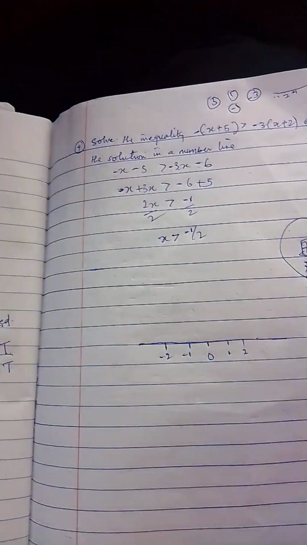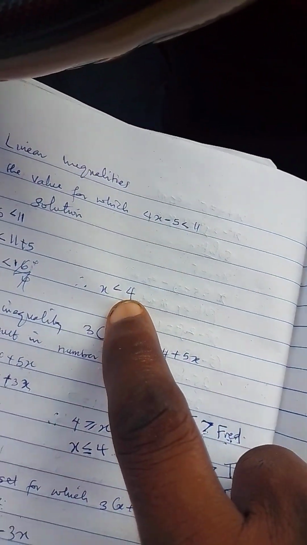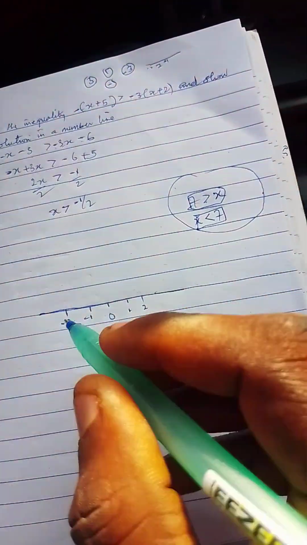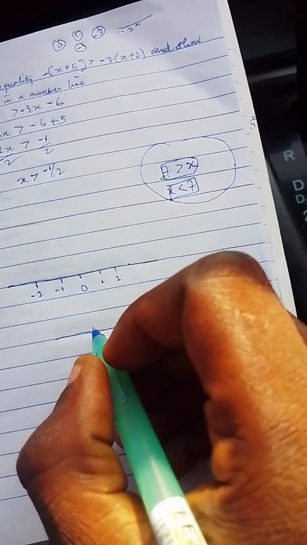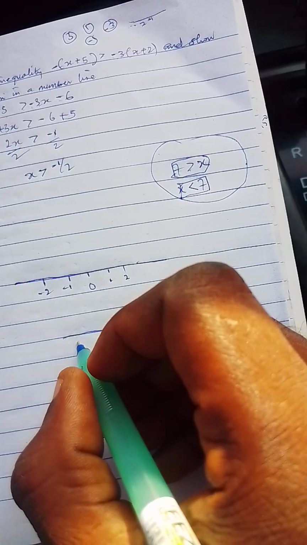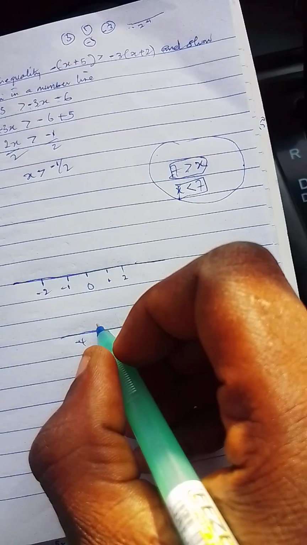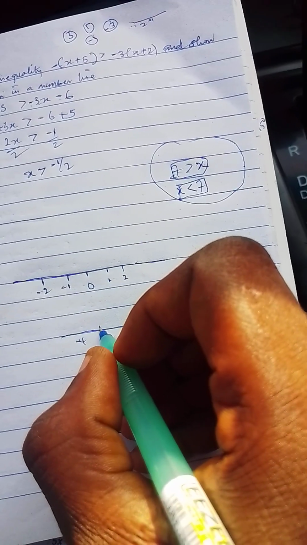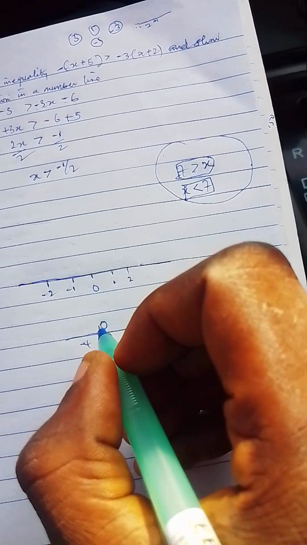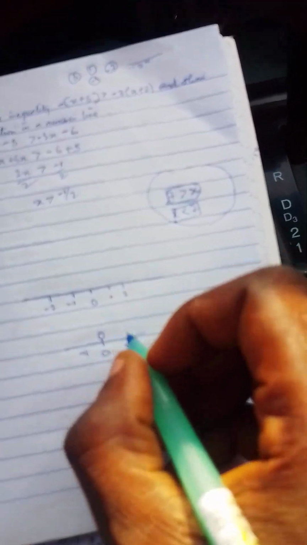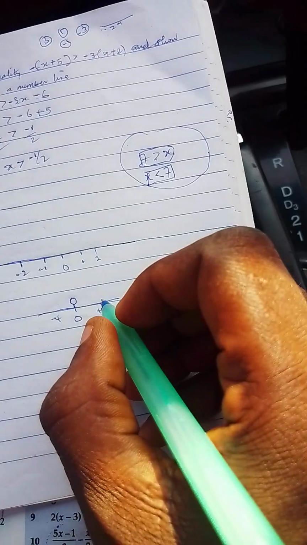Now, if this were to be 42, am I going to write from 1 to 42? No. So all I needed to do was 0, minus 4, and plus 4. Then I bring my number line, showing an indication. x is less than 4.